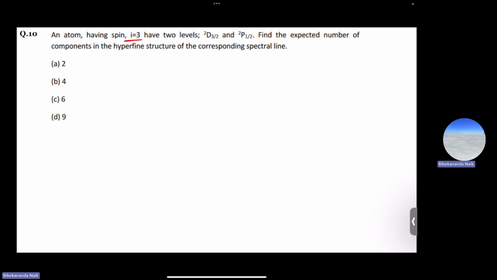So if we discuss it, we know in case of 2D 3/2 and 2P 1/2. For 2D 3/2, J is 3/2 and I is 3.